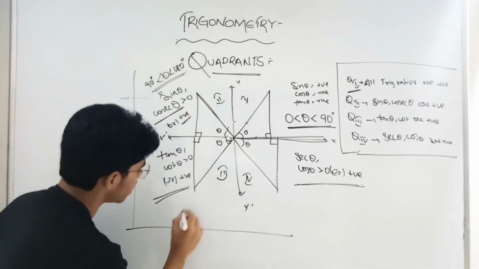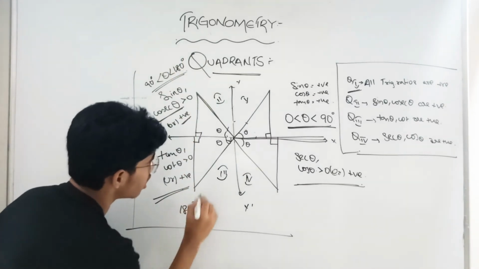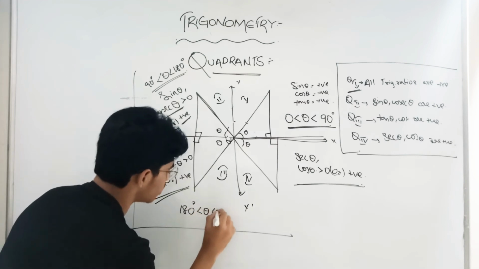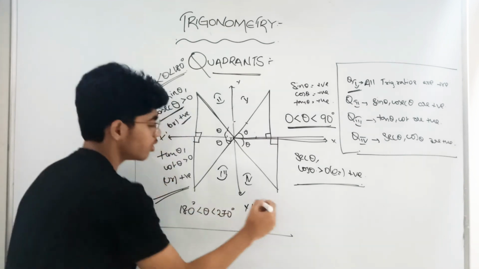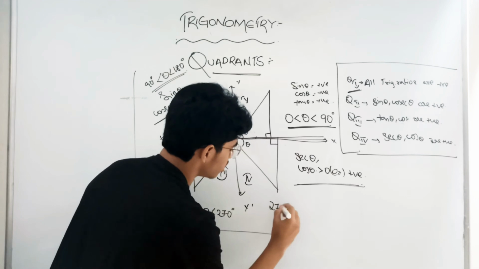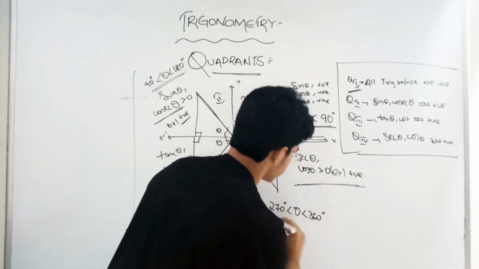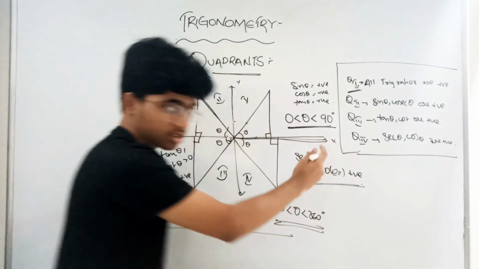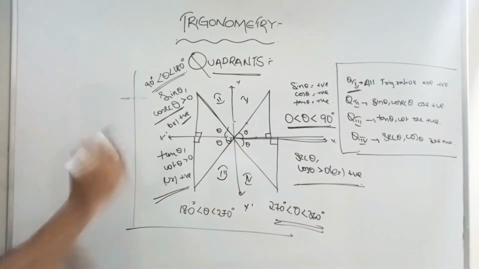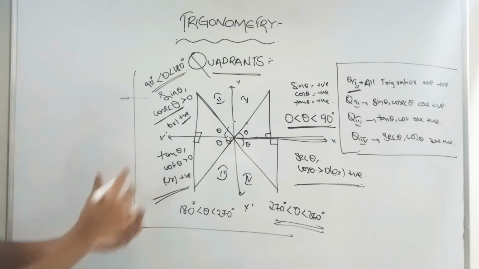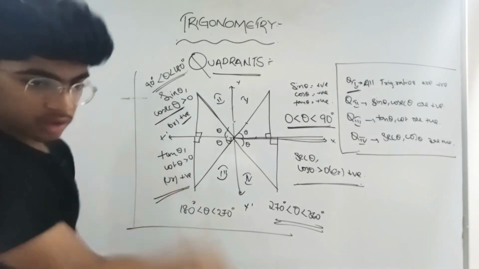Here, same, we have 180 degrees less than theta less than 270. And here, 270 is less than theta is less than 360 or 0. Both are the same, here 0 and 360 meet. Right? Like this, on the quadrants. Good. So we have the quadrants.